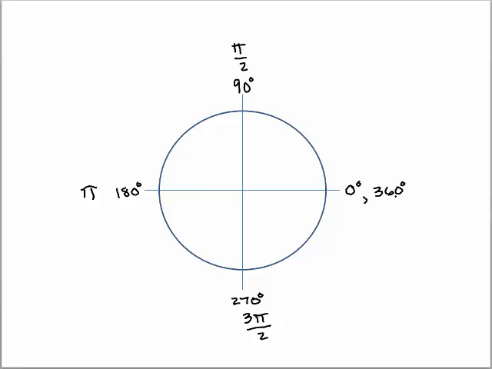And when we get all the way to 360 degrees, that's equal to 2 pi. And this is a term we're going to be working with a lot, 2 pi. Because 2 pi is one distance all the way around the circle.